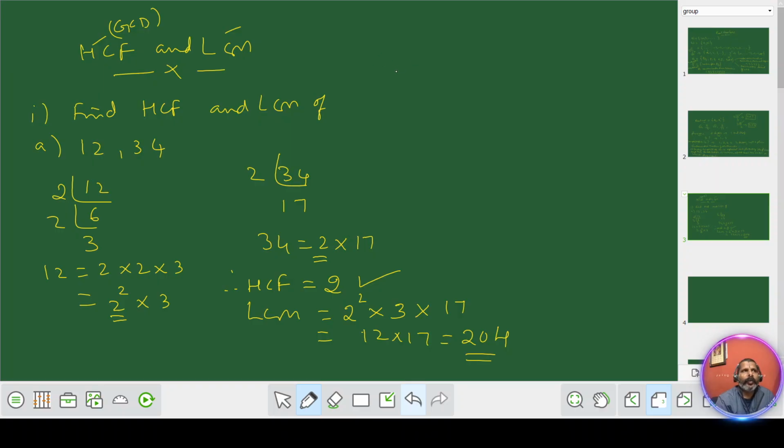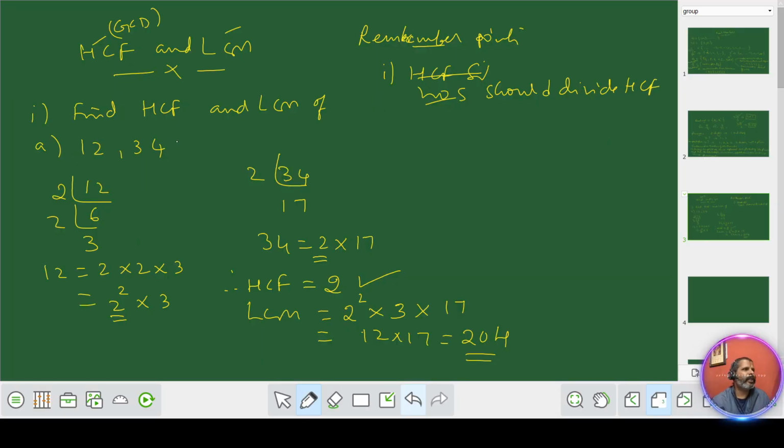As it's an HCF and LCM topic, I'll tell you two things. Please remember these very important points. HCF, numbers should divide the HCF. Sorry, HCF should divide the numbers. Means once you find the HCF, make sure this HCF divides the two numbers. In this case, yes.